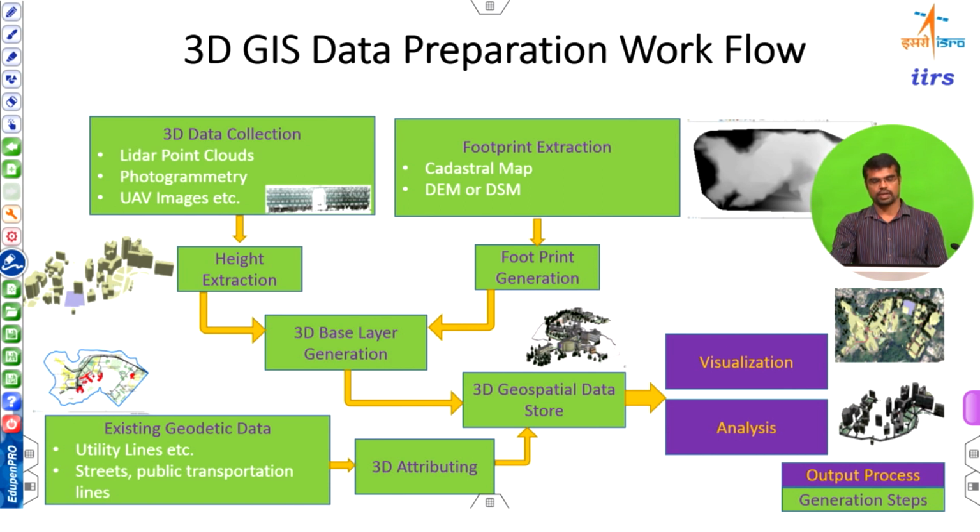Over here we are seeing the data collection process and footprint extraction. Combinations of these two help us to do height extraction from the buildings, and then the corresponding models get created. Based on that, again we can link different layers, and then we can have 3D datasets.